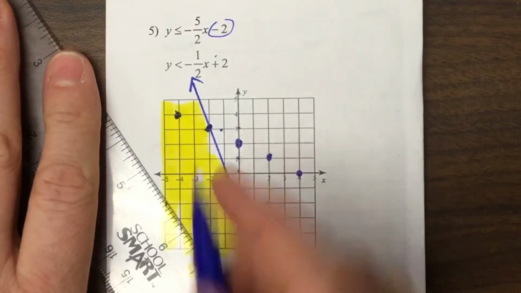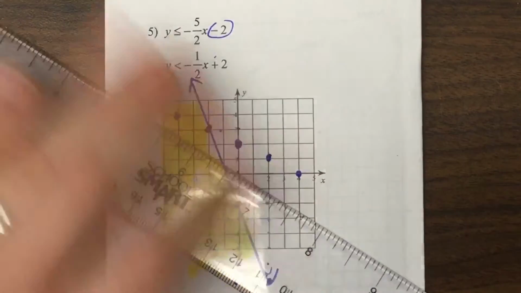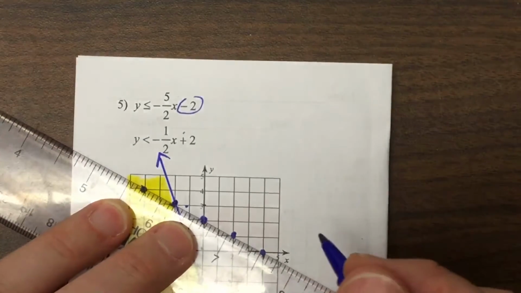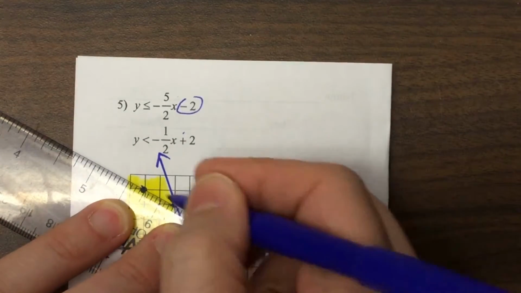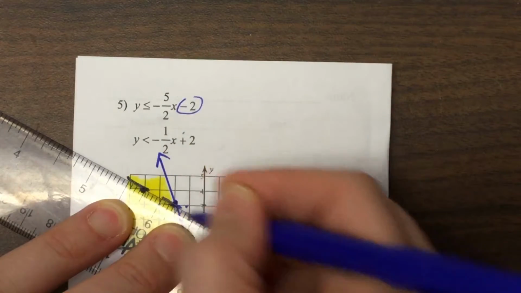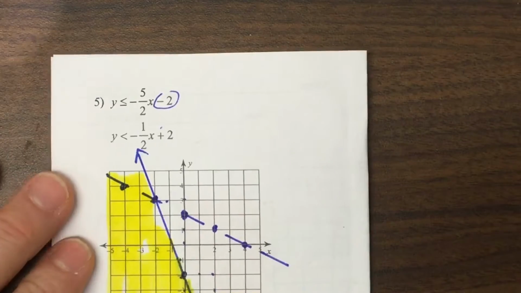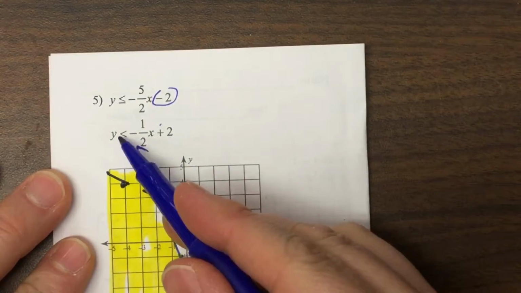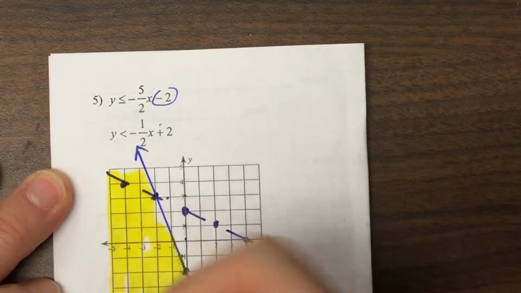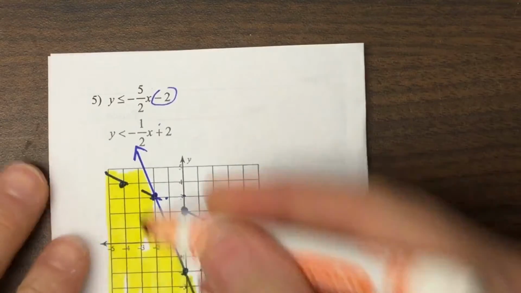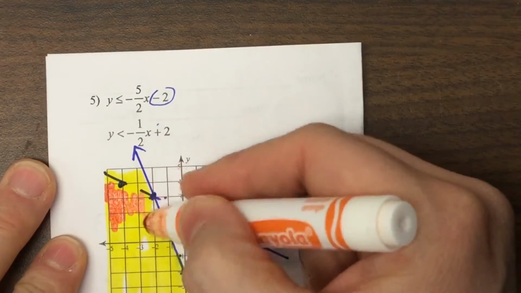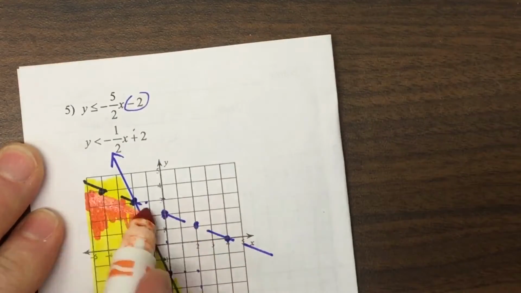This does not have a line underneath the inequality, so I will leave it dotted or dashed. There you go. So this is less than as well, so I will be shading below again. This entire area below.